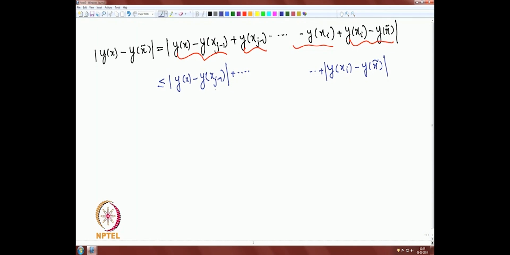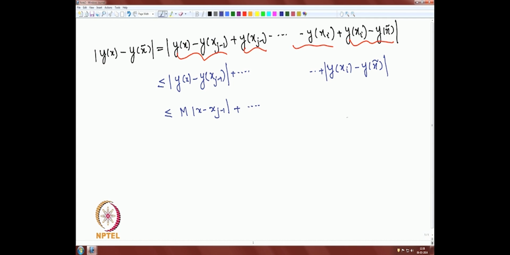And if you look at the properties of the solution, y is a solution satisfied by the formula given, that is the equation of a straight line. So this is less than or equal to m times x minus x j minus 1 plus, and so on.